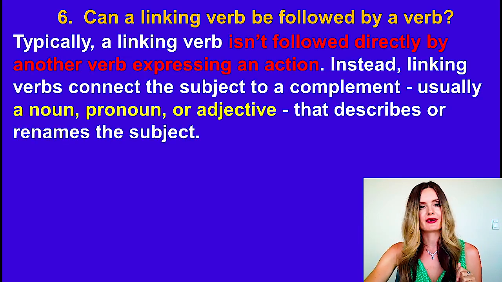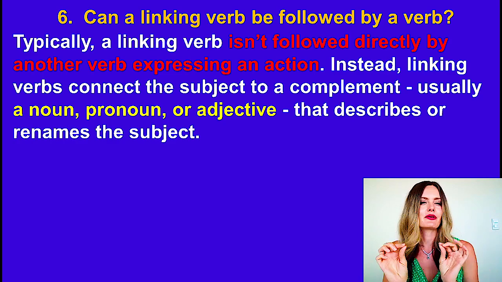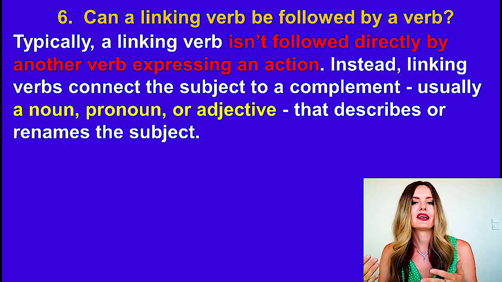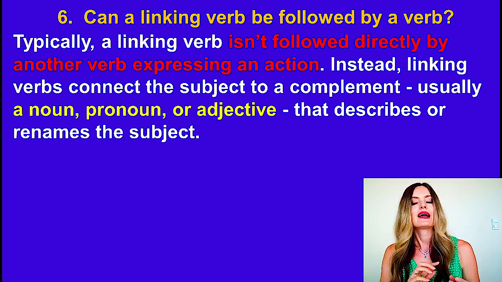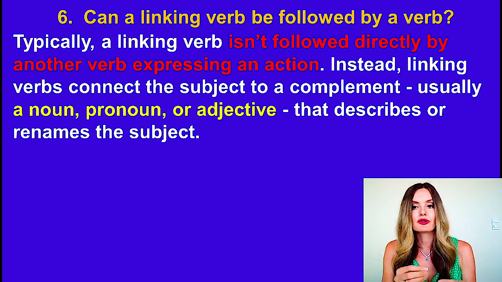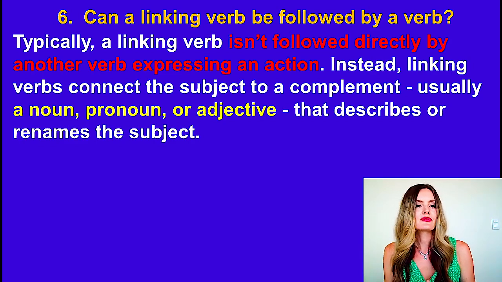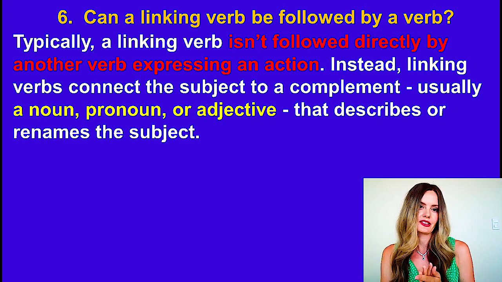It's a good question. Typically, a linking verb isn't followed directly by another verb expressing an action. Instead, linking verbs connect the subject to a complement, usually a noun, pronoun, or adjective that describes or renames the subject.